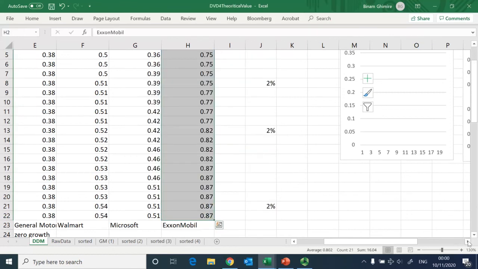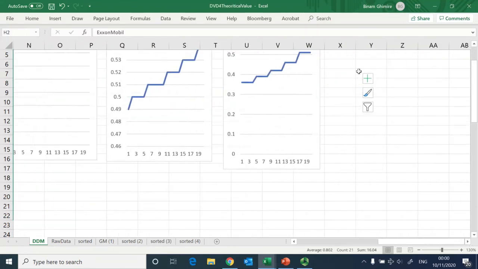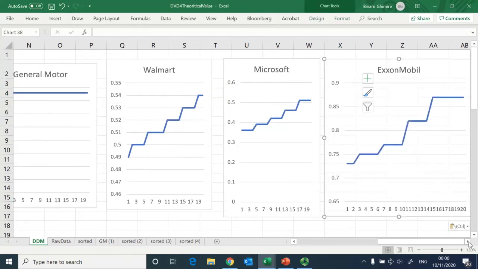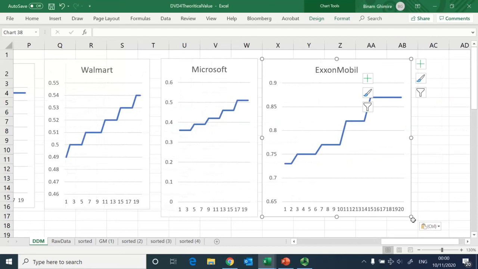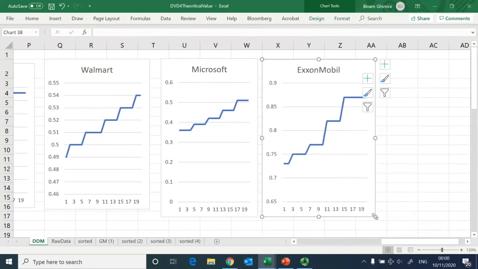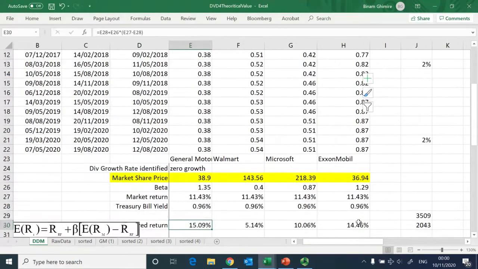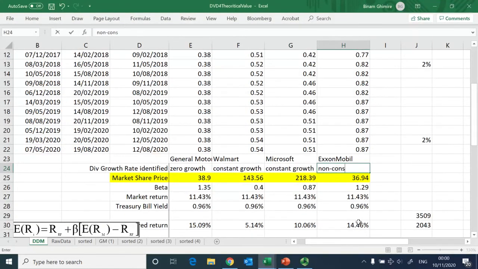So this basically means ExxonMobil can be considered as one which is having a non-constant dividend growth rate. So we have concluded different forms of dividend. This was zero growth, this is constant growth, again constant growth for Microsoft, but non-constant for ExxonMobil.